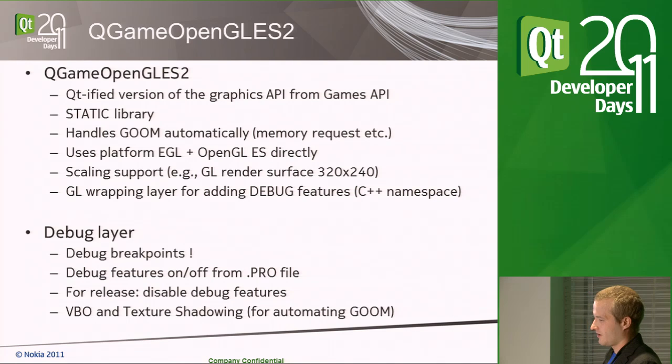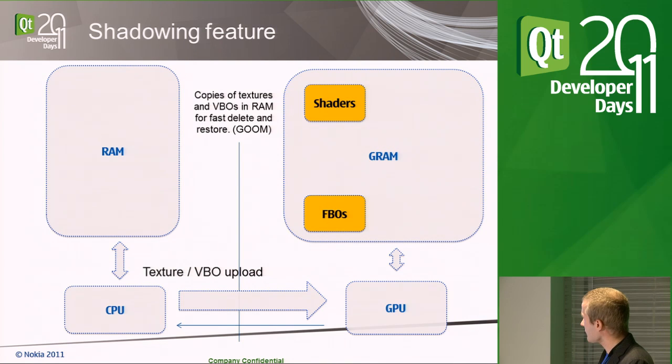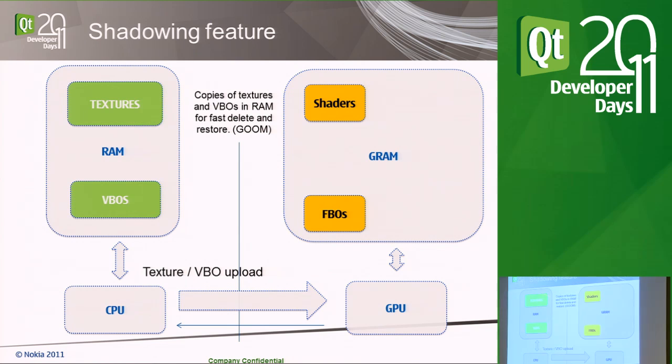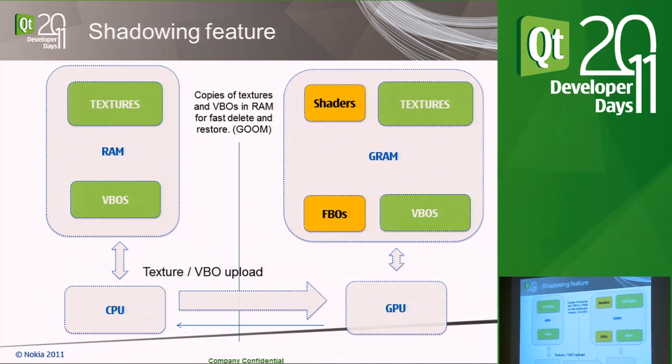It also has this functionality called VBO and texture shadowing. What it basically does is that when there's a texture or VBO upload through the API, if this shadowing feature is enabled, it creates copies of textures and VBOs in RAM, and then it uploads those to the graphics RAM as a normal GL texture upload.